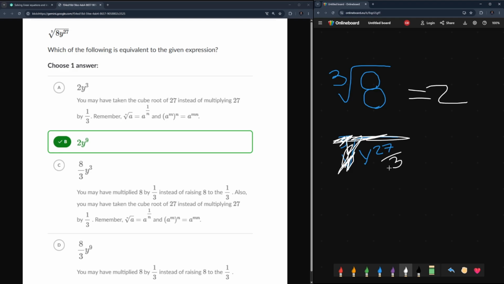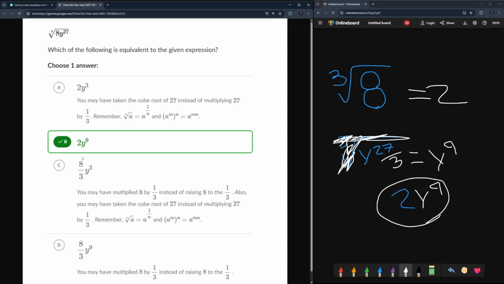It's the divisor. Now 27 over 3, we know that's 9, so this is going to turn into y^9, and now we just put them together again. So 2y^9, and that's exactly option 2 here in the photo.